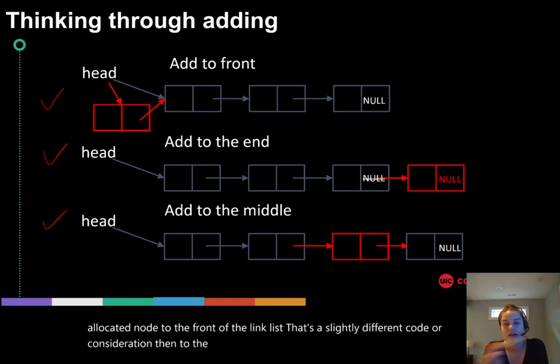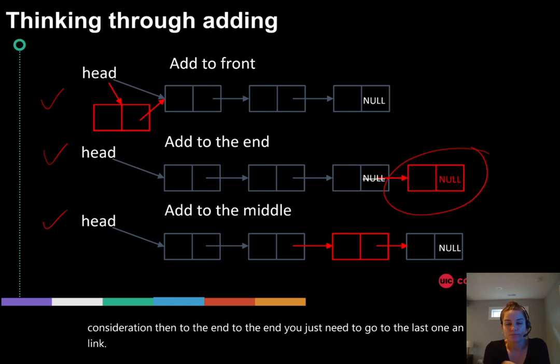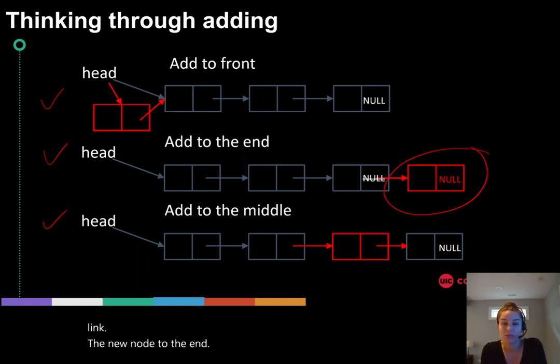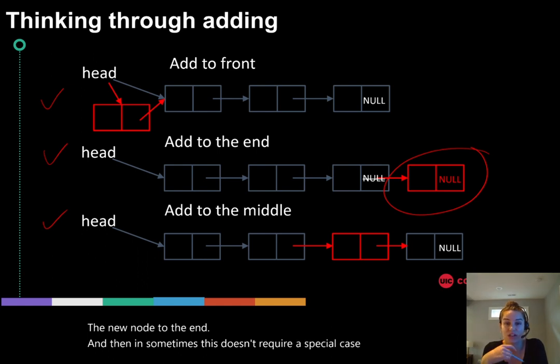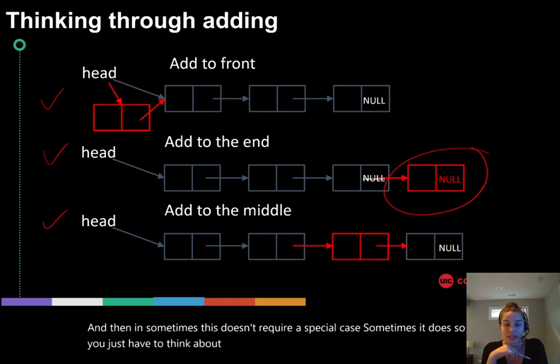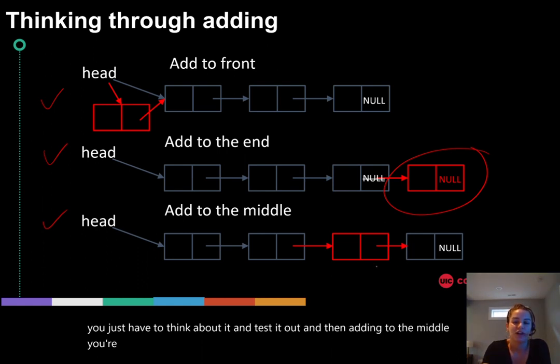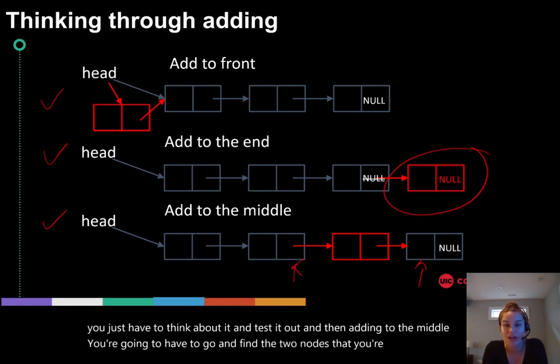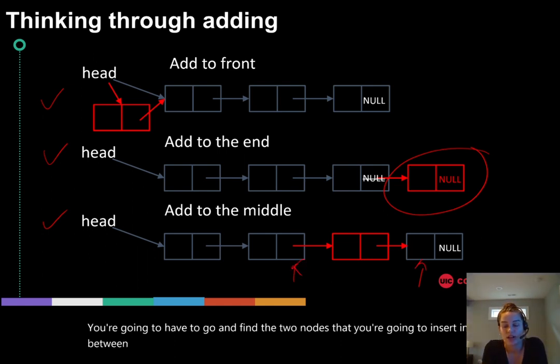To the end, you just need to go to the last one and link the new node to the end. And sometimes this doesn't require a special case, and sometimes it does. So you just have to think about it and test it out. And then adding to the middle, you're going to have to find the 2 nodes that you're going to insert in between, create that new node, and then rewire those pointers so that they connect properly.